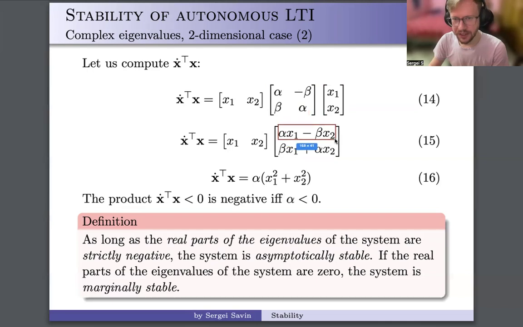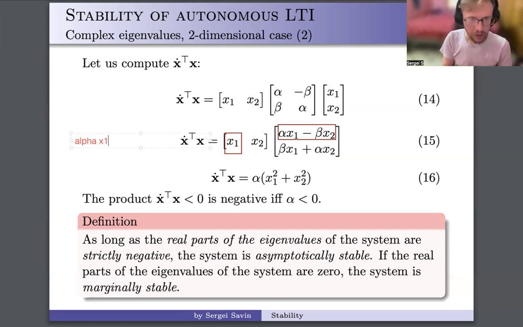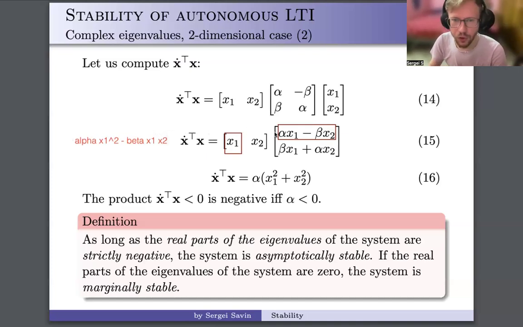Next, we multiply this guy by this. We get alpha x1 squared minus beta x1 x2, right? Let me write it here: alpha x1 squared minus beta x1 x2. That's what we are going to have when we multiply those two together.